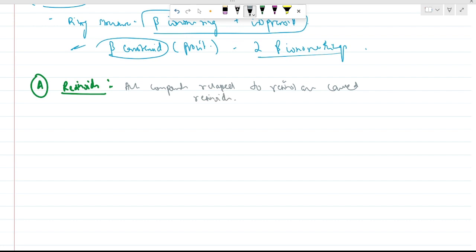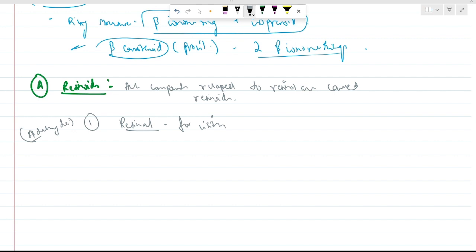All compounds related to retinol are called retinoids. There are three forms of retinoids we are going to see. First is retinal. This retinal is for vision. Remember, this retinal is for vision. This is the aldehyde form of vitamin A. Retinal, aldehyde. Retinal is for vision.